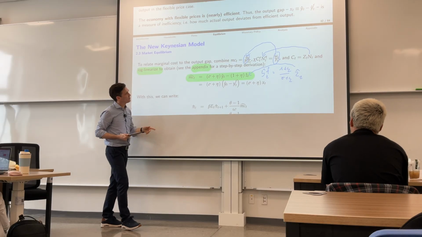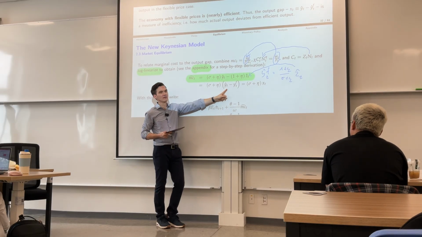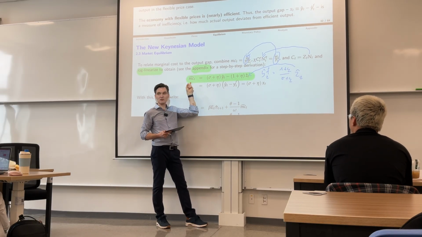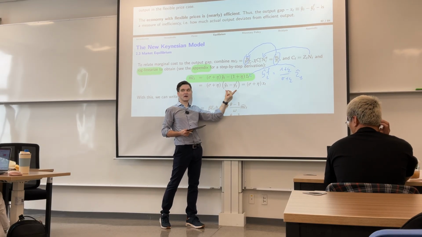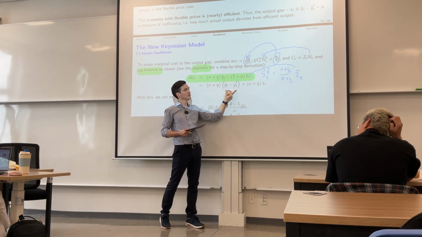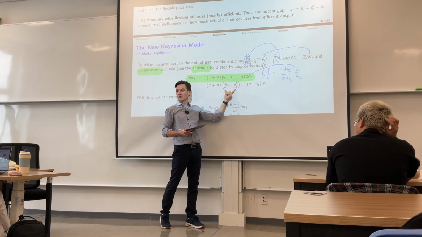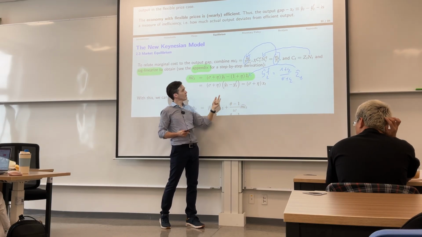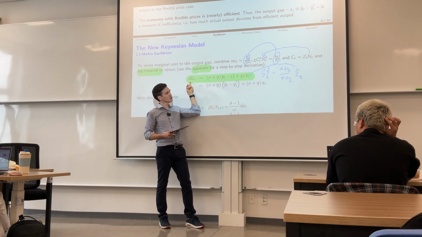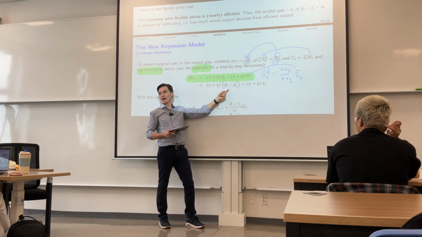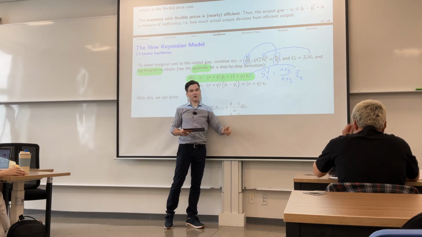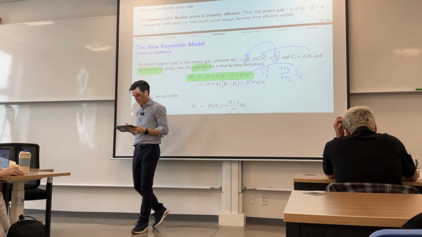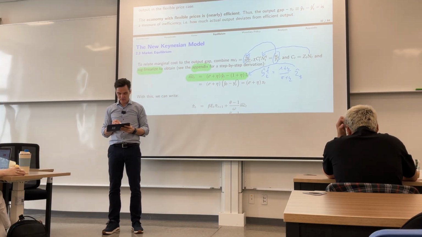And then as a result, you're going to get that equation. So you will be able to write marginal cost as a coefficient times the difference of output minus flexible price output. And there we go. That's the output gap. There's a very tight mapping between marginal cost and the output gap. So we can write this explicitly: the marginal cost is nothing else than just a function of the output gap.